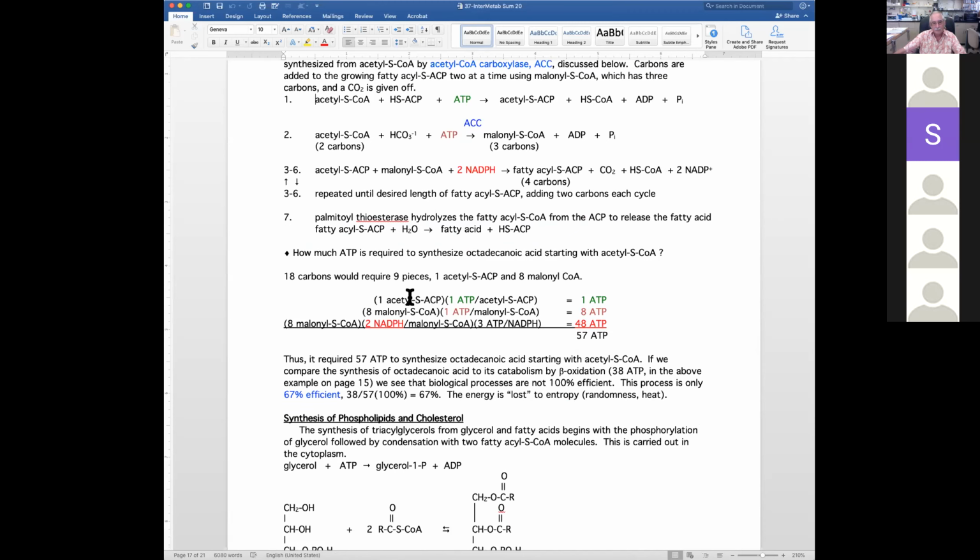Well, the first step with the acyl carrying protein is going to require an ATP. Each of the subsequent steps is going to require 8 ATPs. And then the reduction requires another 48, so the answer was 57 versus 38 that you would get from oxidizing it. So it's another example to look at biological efficiency. In this case, it's about 67%.